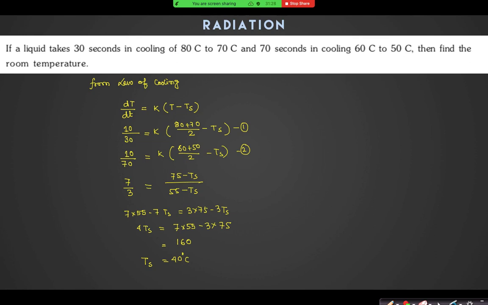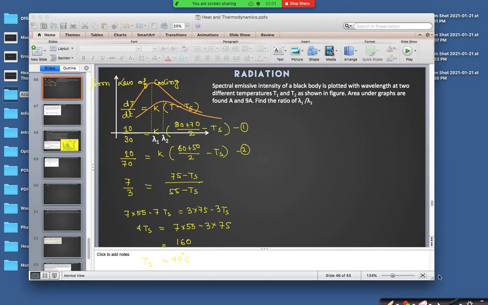Here the temperature differences are close to 30 to 40 degrees Celsius, and in that range this will give you a good approximation. If the temperature difference is more, suppose 80 or 100 degrees Celsius or 100 Kelvin, it's better to avoid this method and do the integration. And if your options have some exponential term, e to the power something, you should understand that we'll go for integration. Okay, sir.